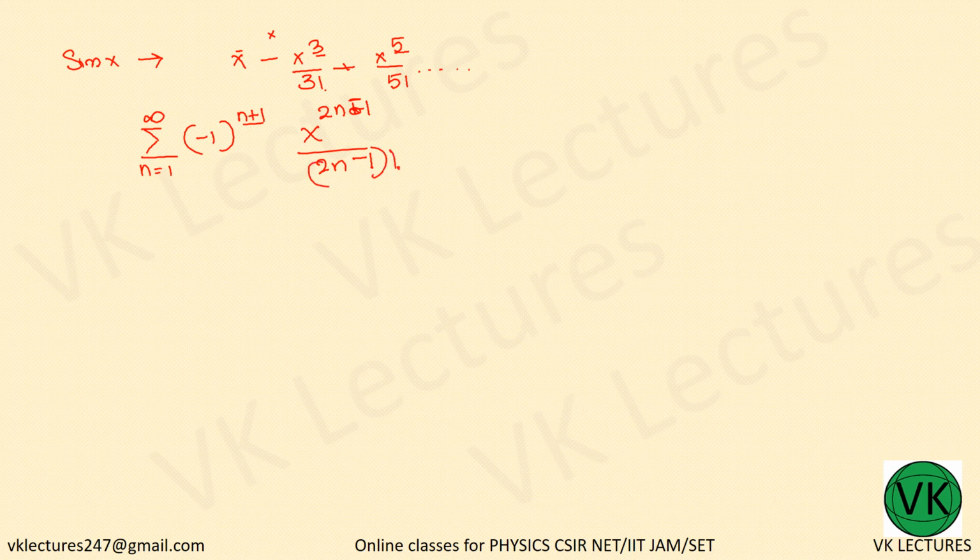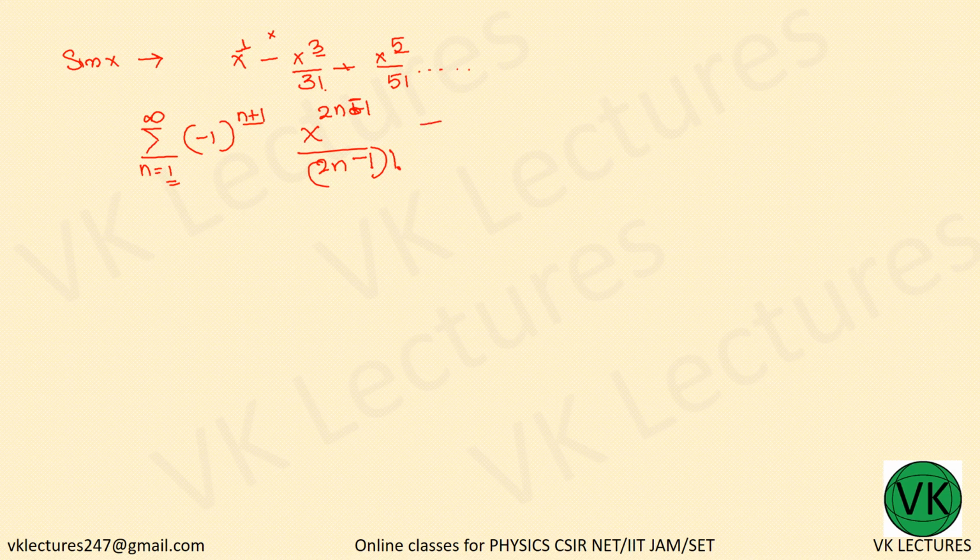This is factorial n, because we are starting from 1, right? So if n equal to 1, it should be 1, and 2 into 1 minus 1, that's why, and minus 1 whole to the power n plus 1.